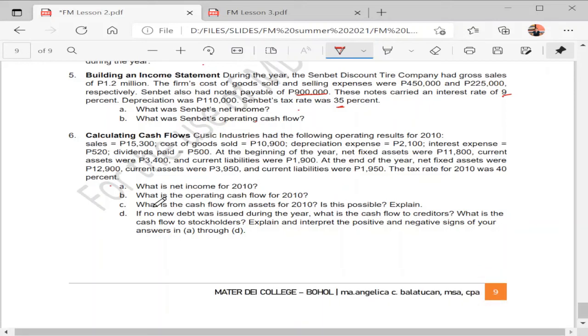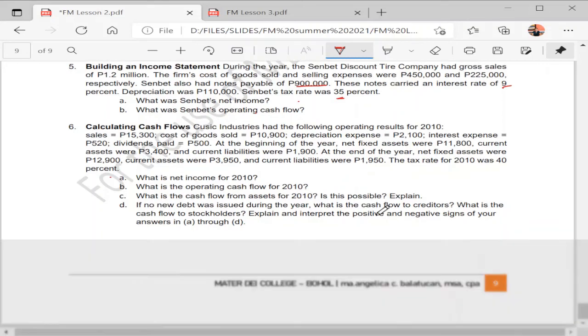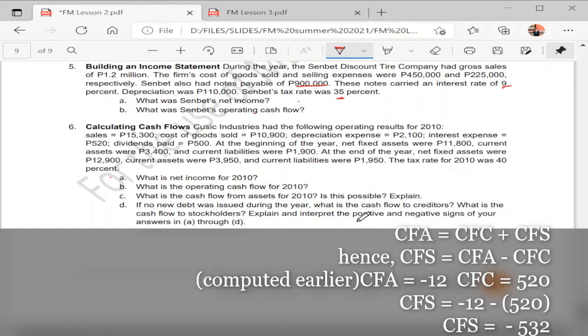Okay. So if our CFA is negative 12, and then we're going to compute for the CFS, right? CFA is equivalent to CFC plus CFS. So how much is our CFS? So we already have our answer for the CFA. CFA is negative 12. The CFC is already computed as 520. The formula for the CFA is the sum of the CFC and the CFS.